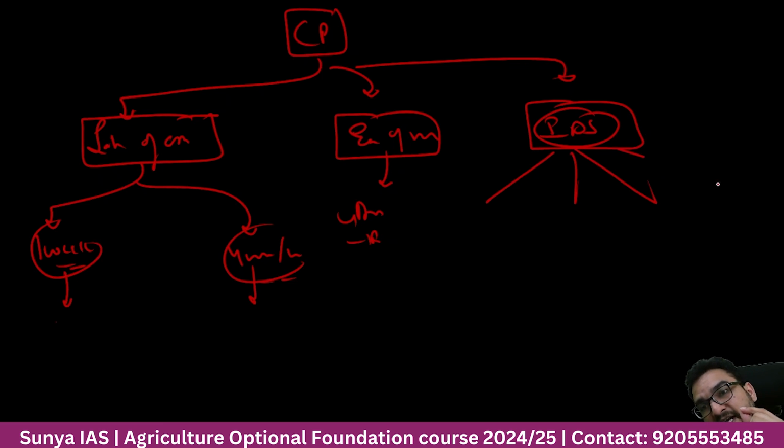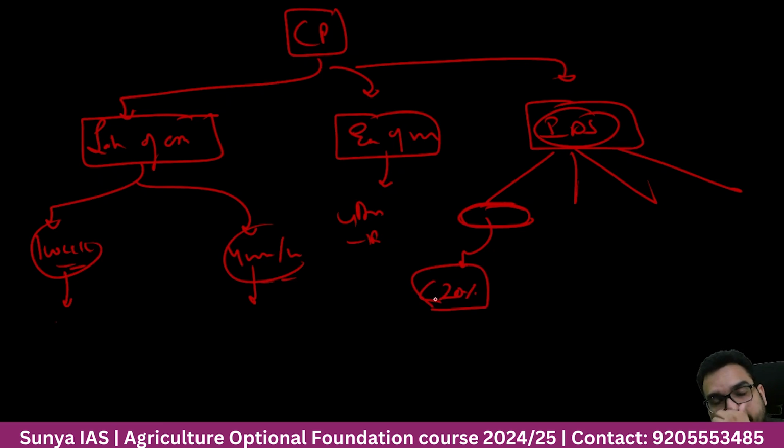Here four conditions can arise. One condition is at the time of germination, which is very important. Water is required at that time, otherwise your seed will not be able to germinate. So if the crop stand I am losing at the germination stage is less than 20%, then I'll go for gap filling.